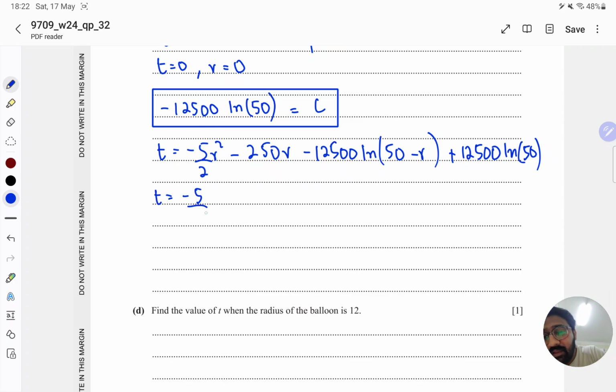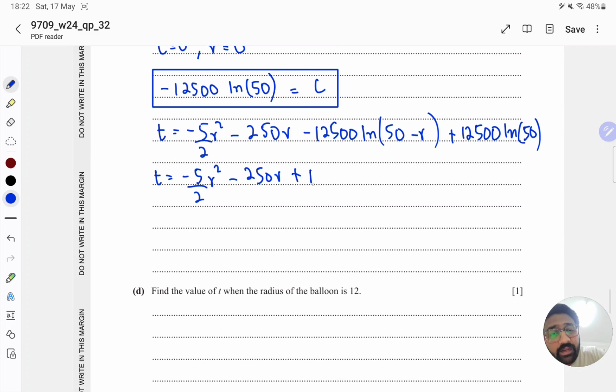It will be minus 5 over 2 r square minus 250r. We can take 12500 as common, and we will be left with ln of 50 minus ln of 50 minus r.